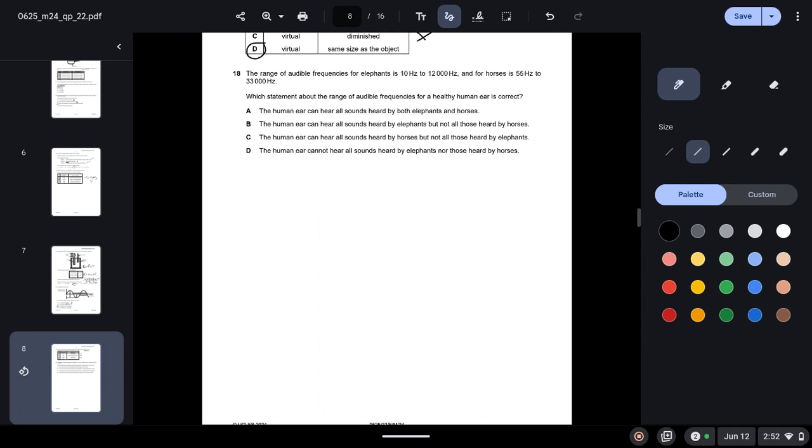The range of audible frequencies for elephants is 10 Hz to 12,000 Hz, and for horses it is 55 Hz to 33,000 Hz. Which statement about the range of audible frequencies for a healthy human ear is correct? So we know that the range of audible frequency for a human is 20 Hz to 20,000 Hz.